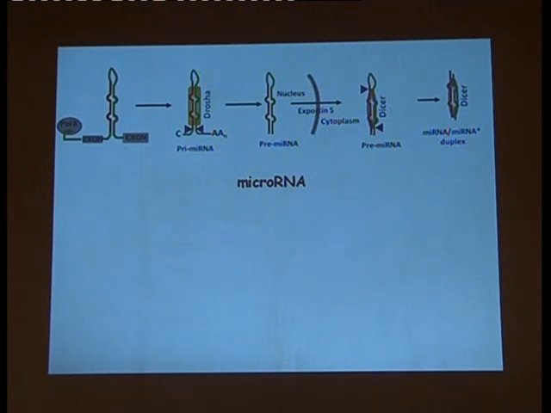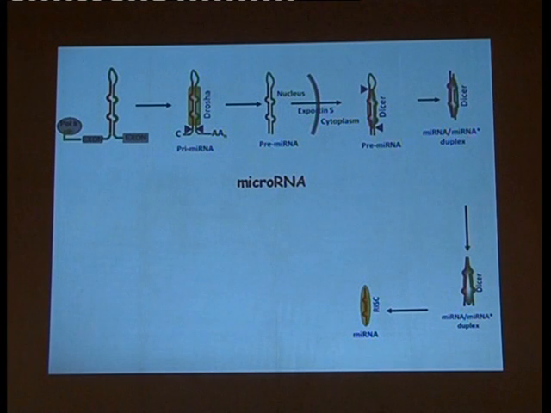Now, depending on the thermodynamic ability of hybridization of either of these sites, we call 3' and 5', I am not boring you with that, they get separated, and one of the strands is selected by another protein machinery known as RISC. The other strand generally gets degraded.